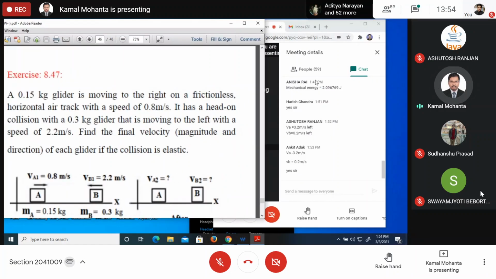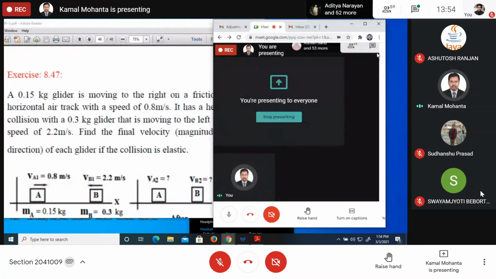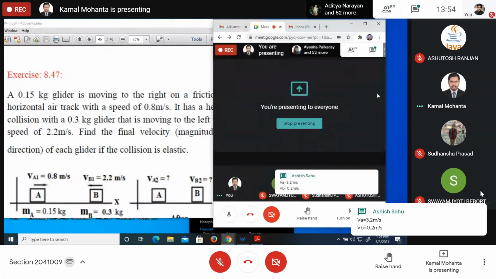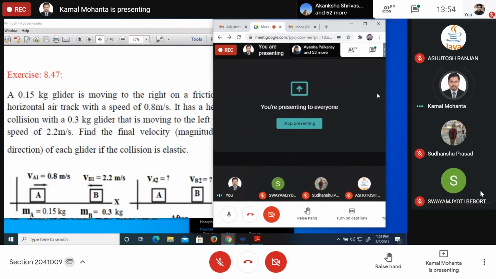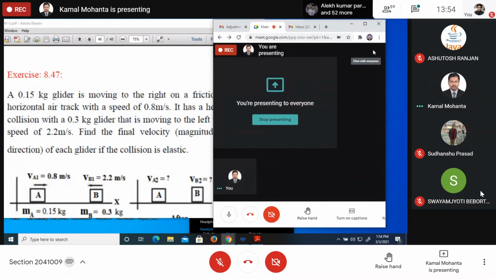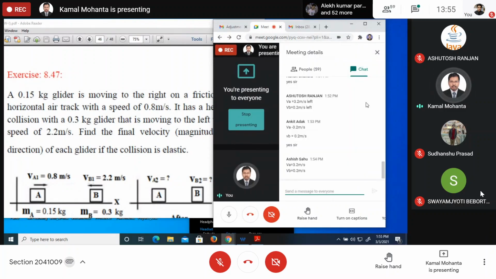Why are only one or two people actively doing it, others do quick? Ashish Sahu has done 3.2 meter per second. Okay. And VB 0.2 meter. Good.